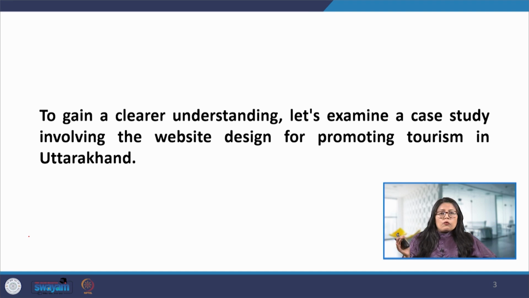What is the role of a mood board, how will it help in the final design, or how do you identify the user goals, for example. Now this is a case study where the website design for promoting tourism in Uttarakhand was the given problem.